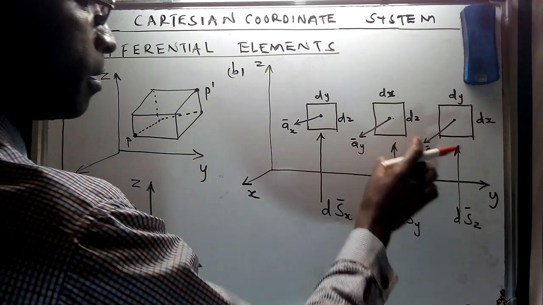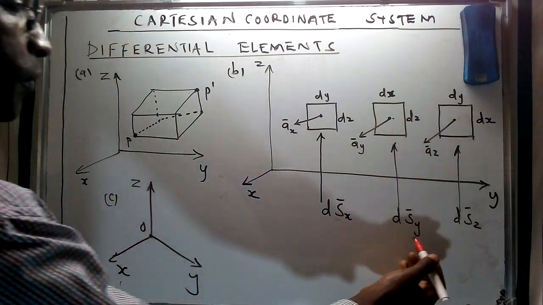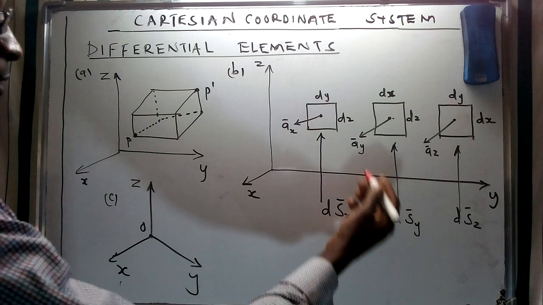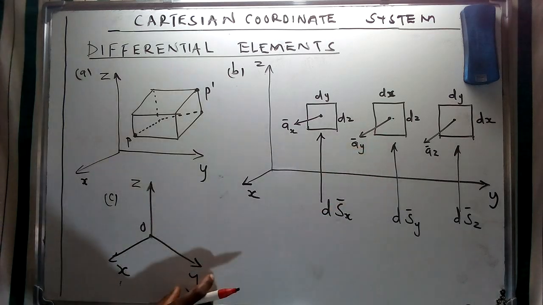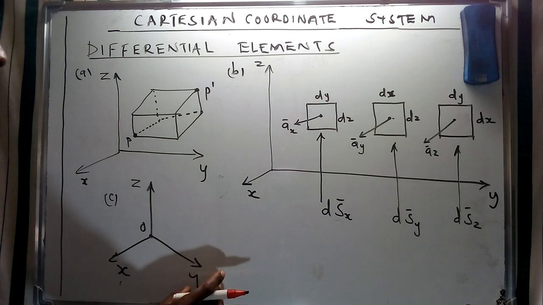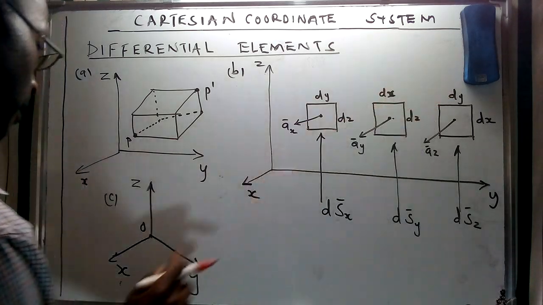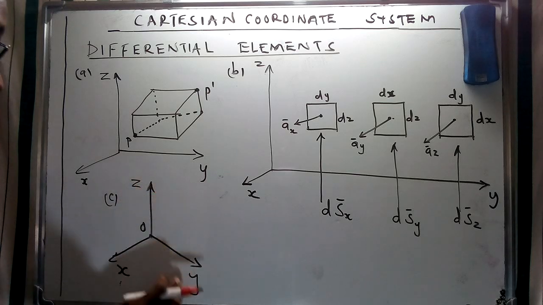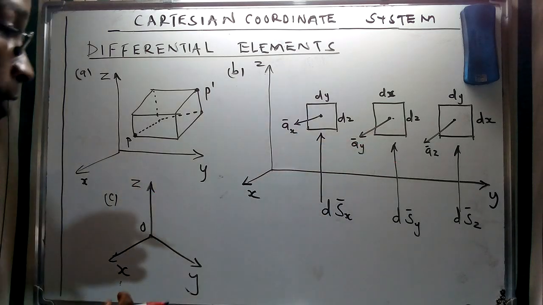For the second surface element, we're going to have a surface element that is going to have a unit vector ay, which is perpendicular to the surface. And then we're going to see that the plane, or the surface, is going to be formed by this specific set of points, and this is going to be for the x and z, which are going to have y as a normal unit vector given as such.